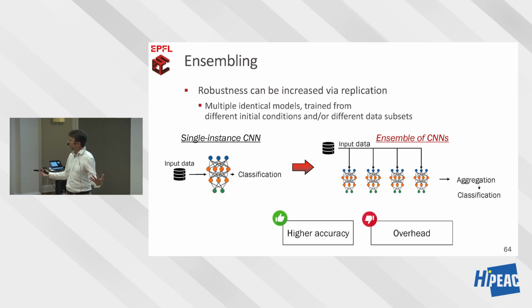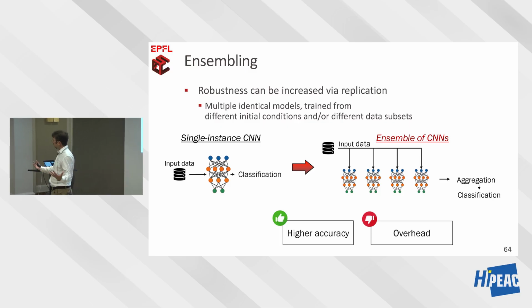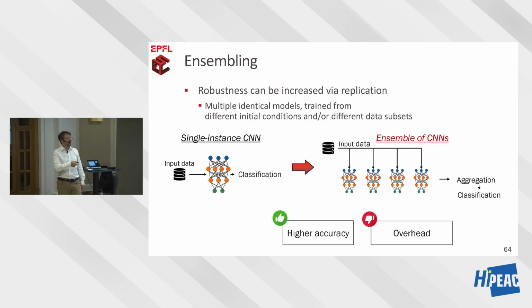If you start training them from different initial conditions, you will have different weights at the end of the training, and this increases robustness. On the other hand, we are increasing the size of the models n times, which is not exactly what we want to do if we want to optimize the execution.